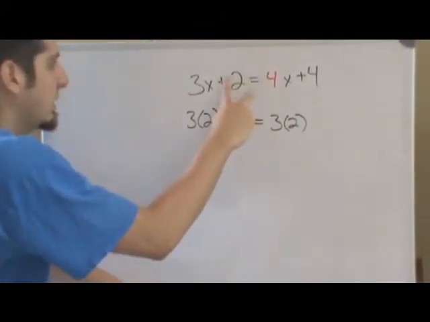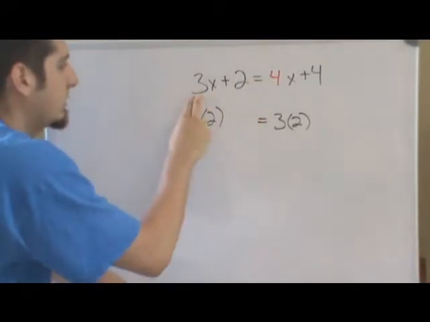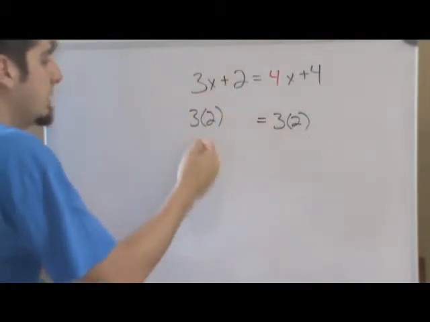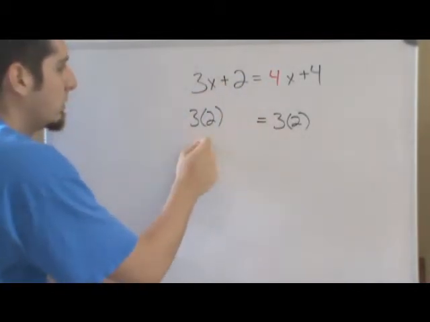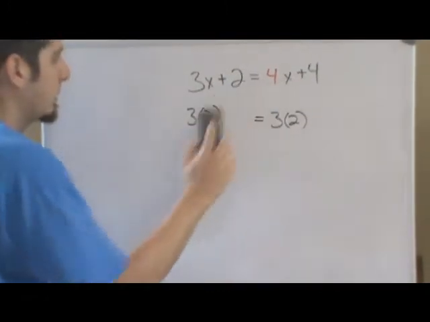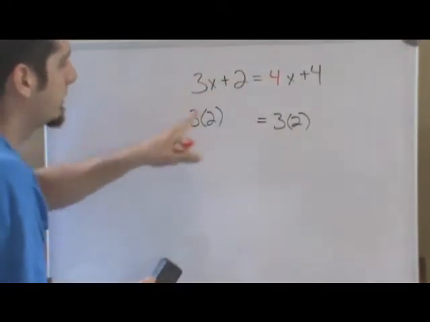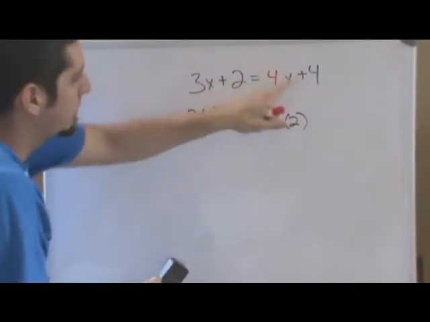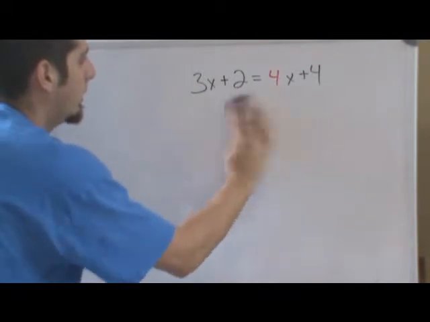Because now suddenly I can get a different answer. Even though I'm plugging in the same number for x, because the number next to the x is different, I'm going to get a different answer on both sides of the equation, which will allow me to get the same answer on both sides when I fully solve it, when I add the 2 afterwards and add the 4 afterwards.